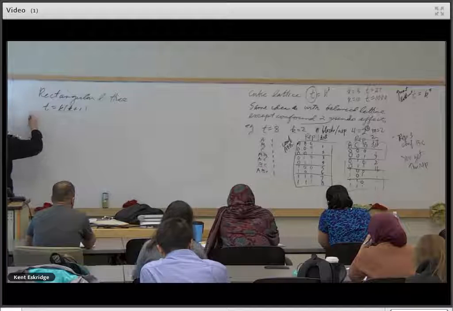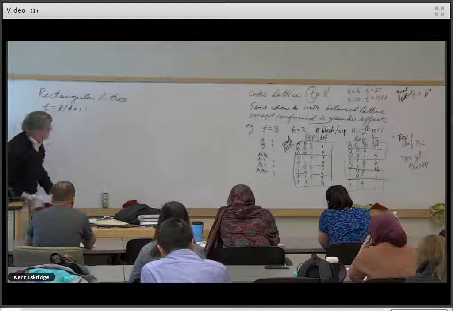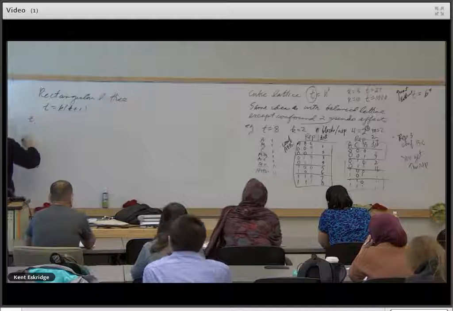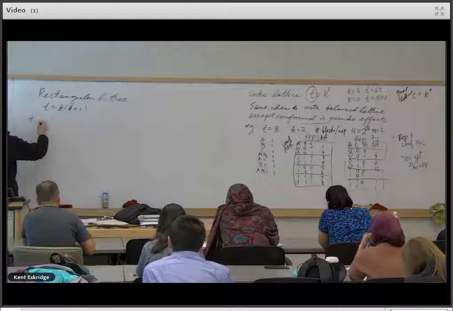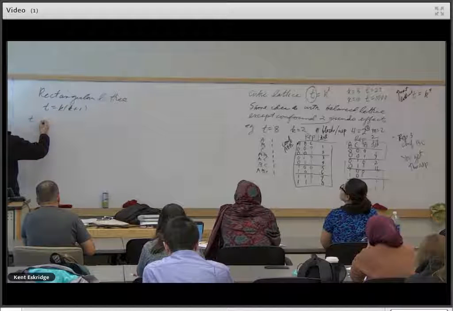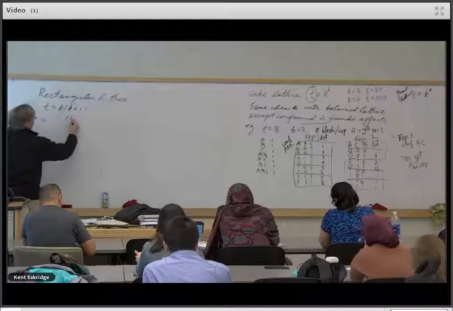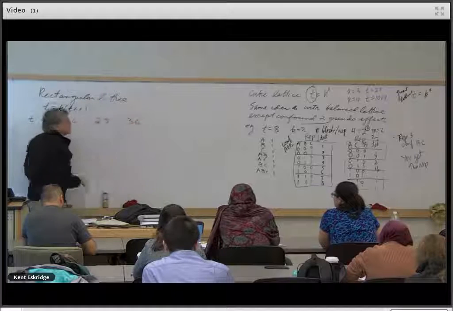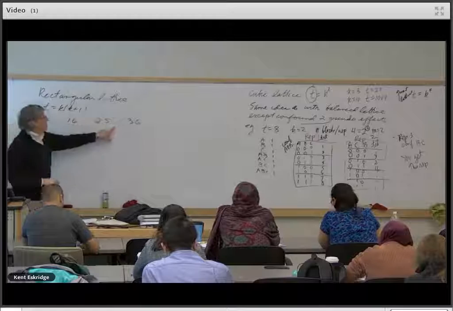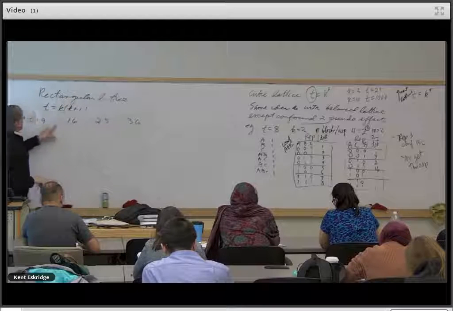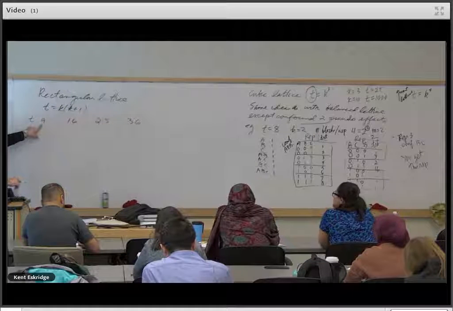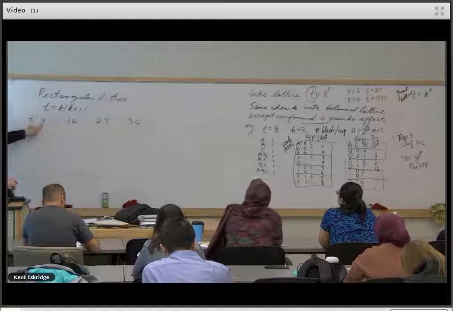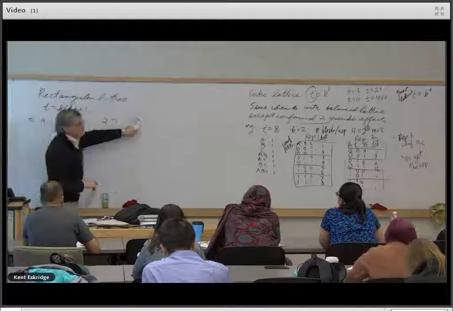So, for example, with a regular balanced lattice, T is going to be 9, 16, 25, 36. That's the number of treatments you can screen with just a regular balanced lattice or a simple lattice, right? Okay, so that's 3 squared, 4 squared, 5 squared, and so on.